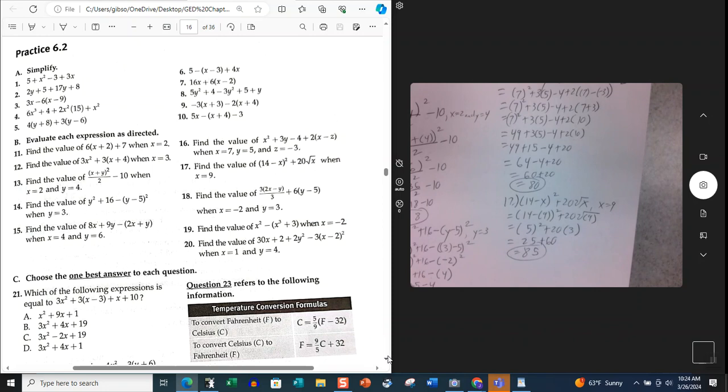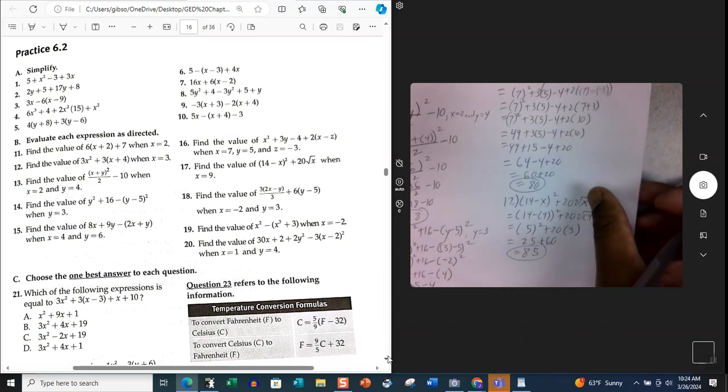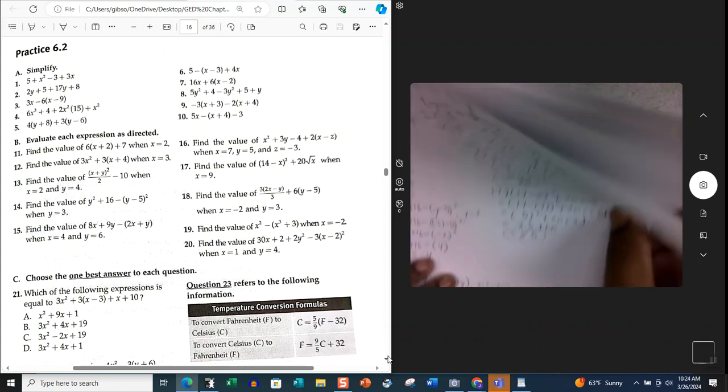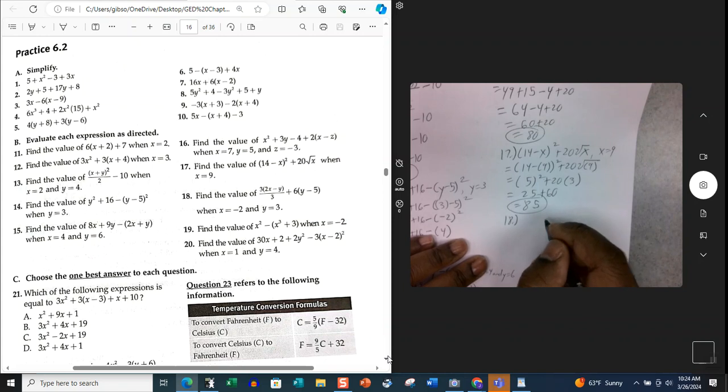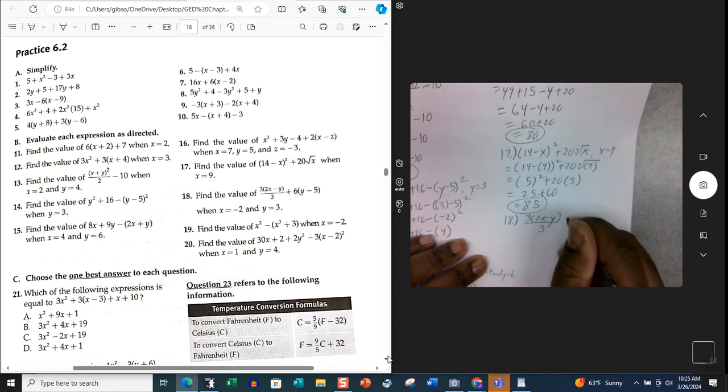Okay, that was problem 17. Now we go to problem 18. Find the value of 3 times 2x minus y all over 3 plus 6 times y minus 5.